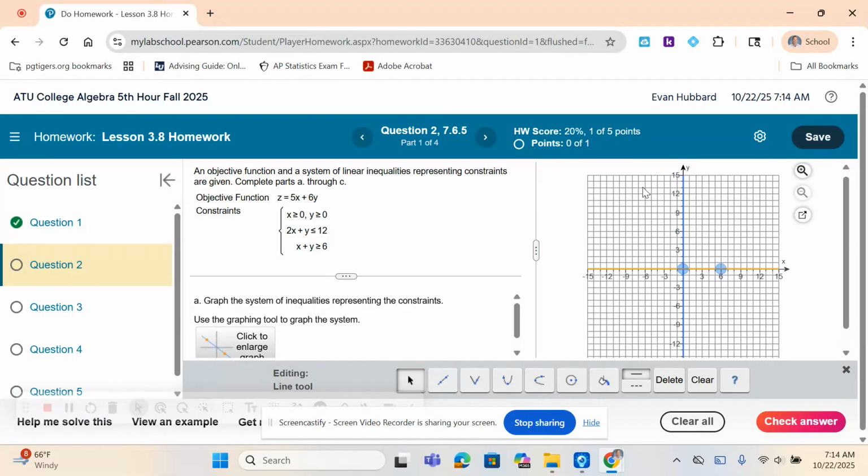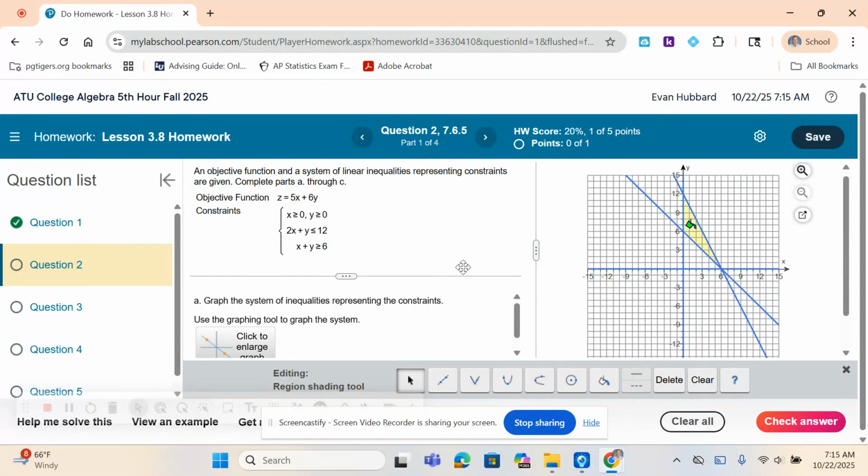Then the next one had an x-intercept of 6 and a y-intercept of 12. And the next one had an x-intercept and a y-intercept of 6. So x-intercept is 6, y-intercept is 6. And now for the fill, we're going to fill in this region. Okay, so there's your bounded region.